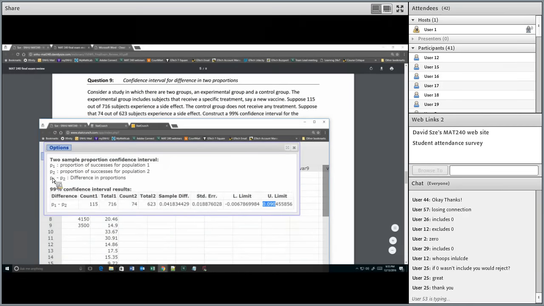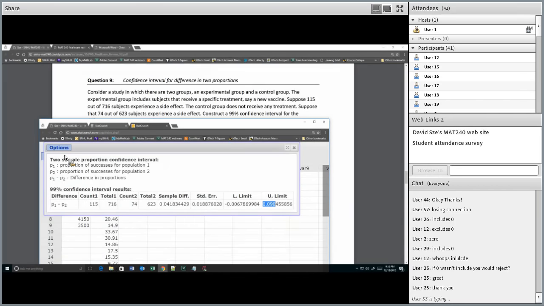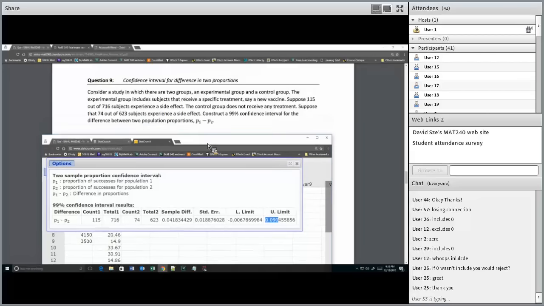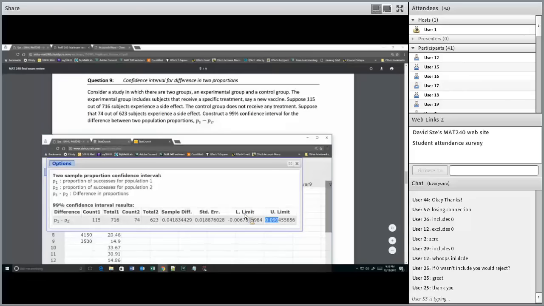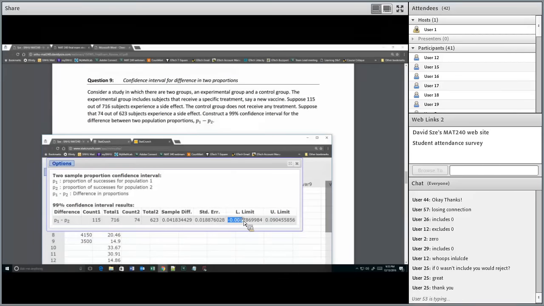You could also do the hypothesis test instead of calculating the confidence interval, but we didn't do that because the problem didn't require it. By the way, for this problem, this is right at the edge. If you consider 2 decimal places, this is right at the edge of 0. So this may be a very close hypothesis test. But in any case, 0 is what you look for.